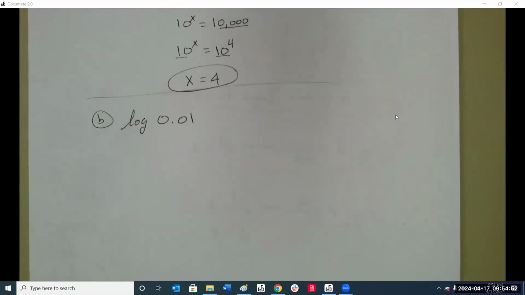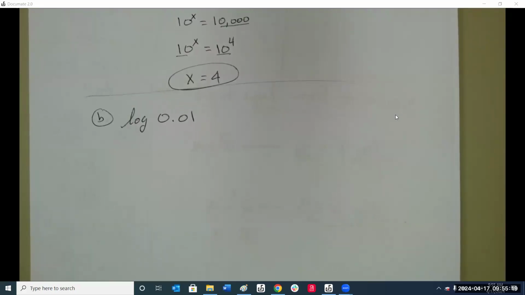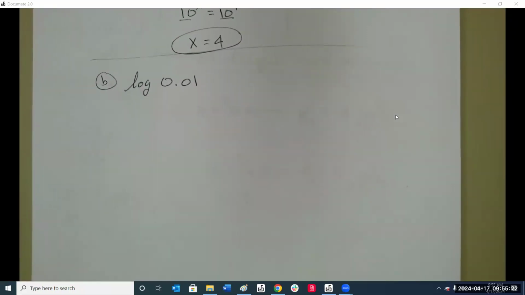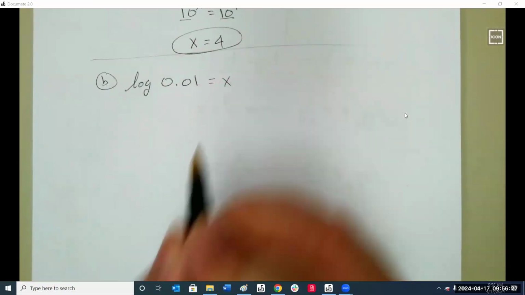Solve this one. Since we don't know what it equals, let's say it equals some number x.